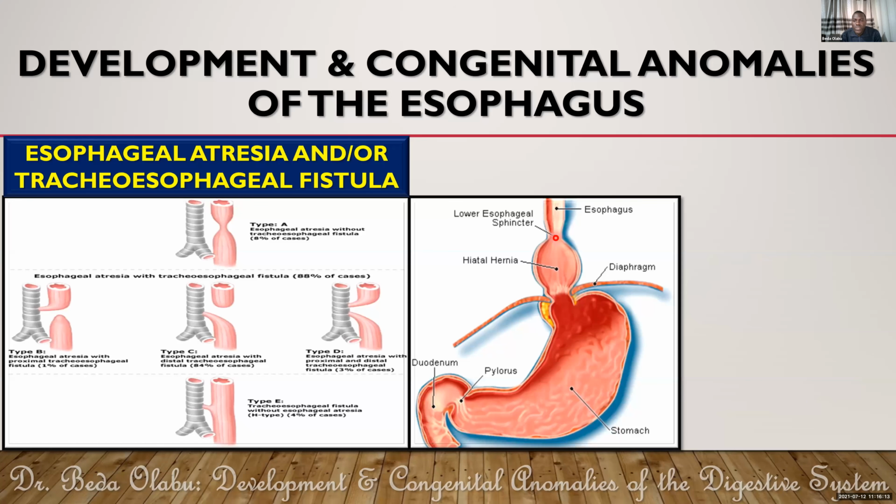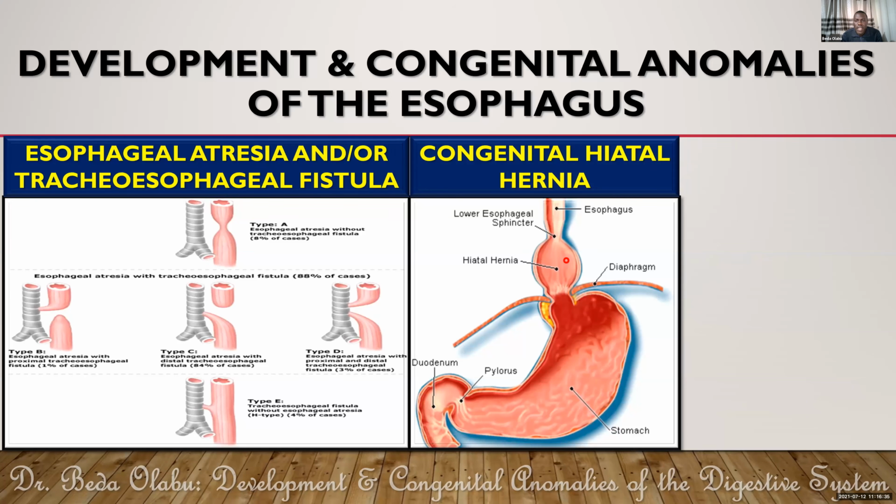Usually the gastroesophageal junction should be below the diaphragm. So if the gastroesophageal junction is above the diaphragm, it means that some parts of the stomach have gone through the diaphragm. We call that hiatal hernia.